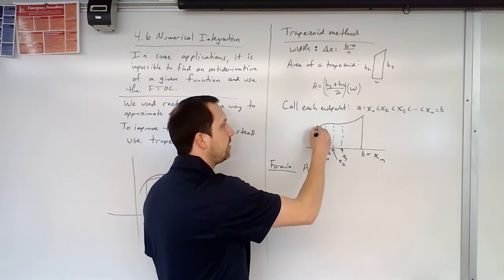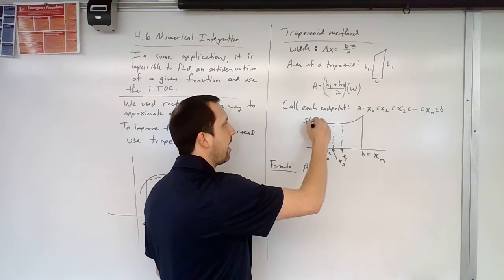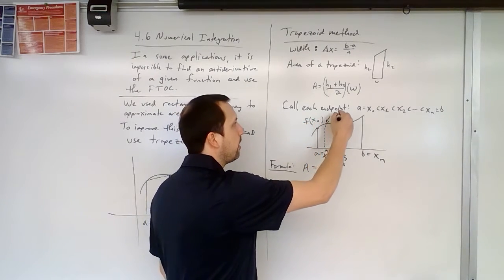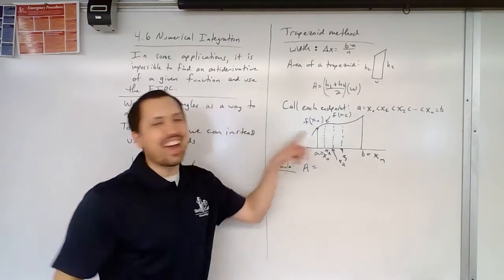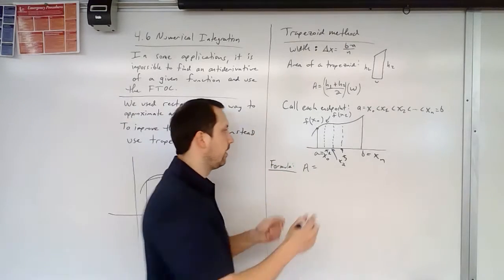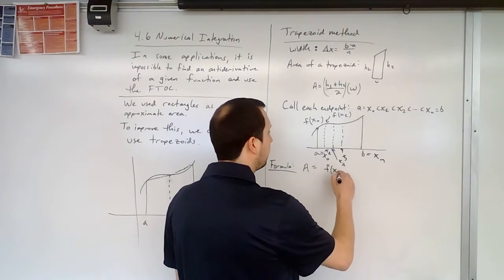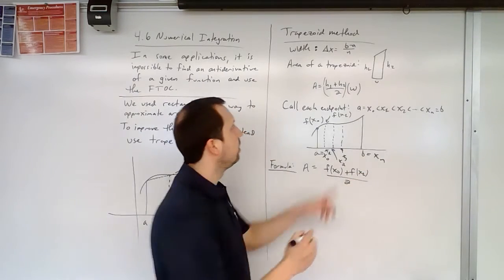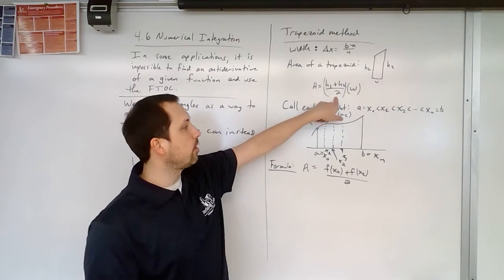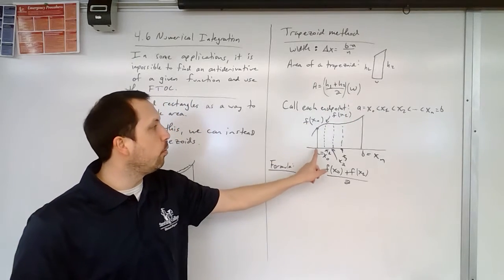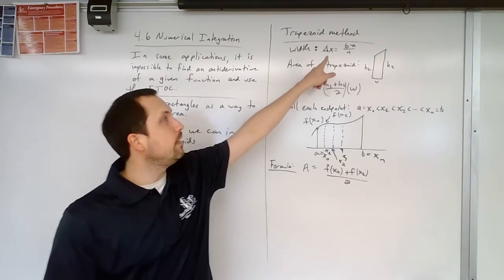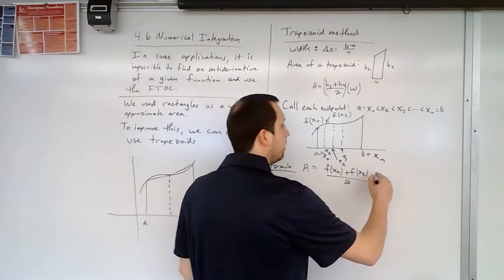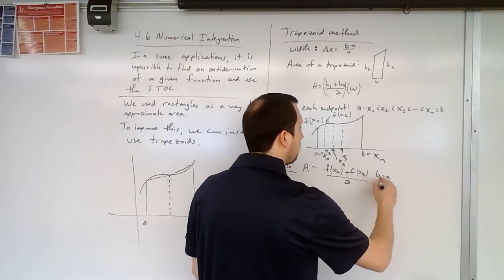The height of this one is f at x sub 0, and this one is f of x sub 1. That's the height on the curve for each of these. So I have f of x sub 0 plus f of x sub 1, and I divide that by 2. That's this part of my formula for the trapezoid, times the width. The width we defined as b minus a divided by n.